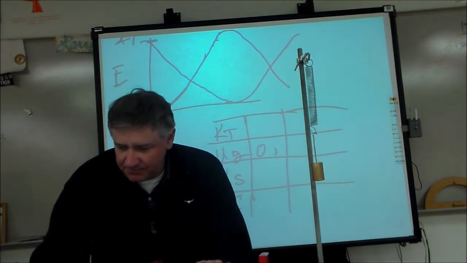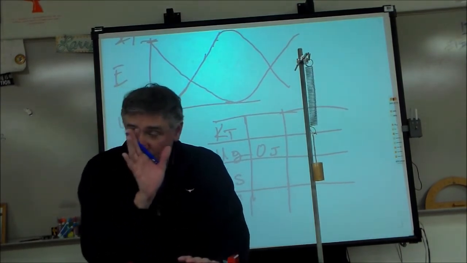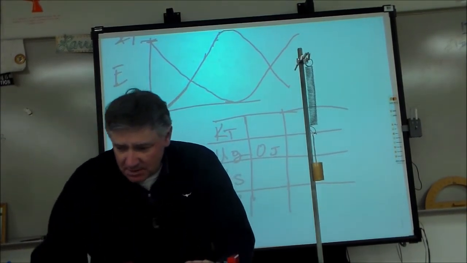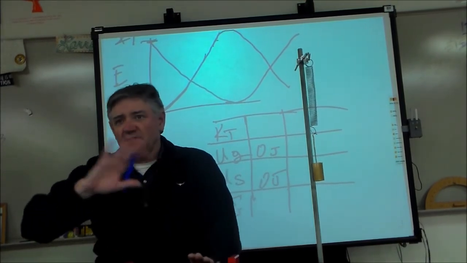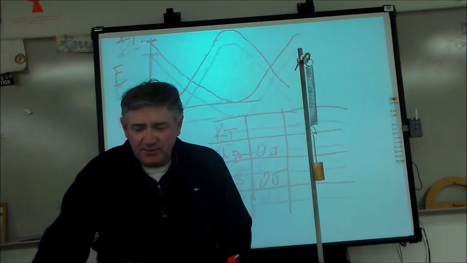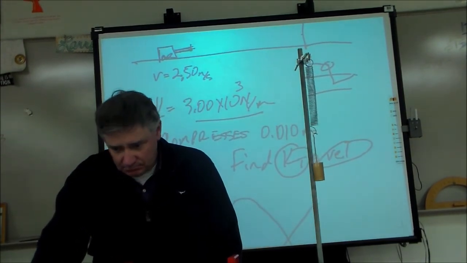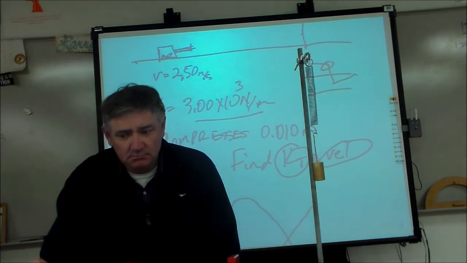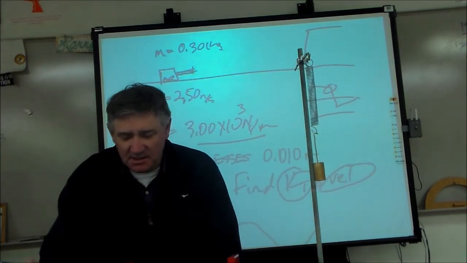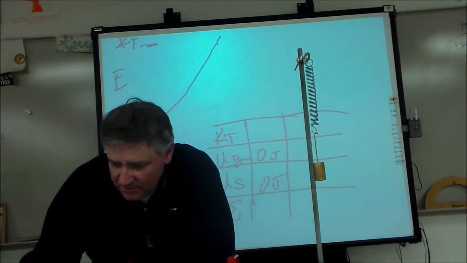We got nothing. Has the spring compressed at all? No. That's zero. What's the only thing I have? Kinetic energy. Do I have enough information to calculate the kinetic energy of the cart? Yes. I have mass and velocity, so I can calculate the kinetic energy of yonder cart.